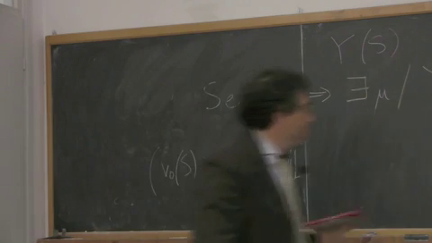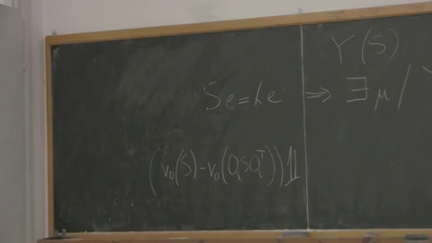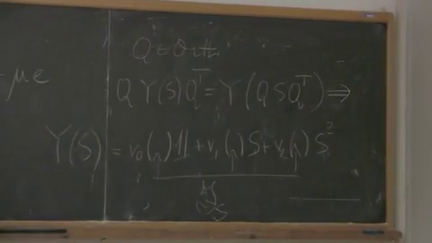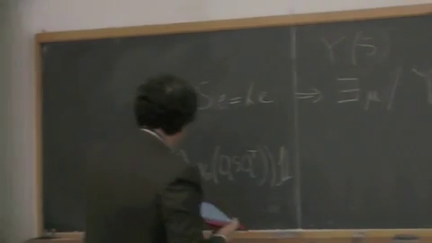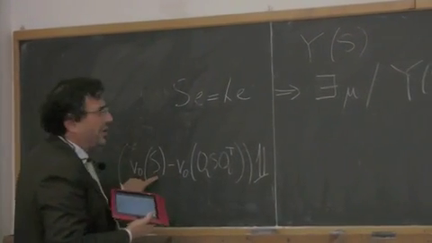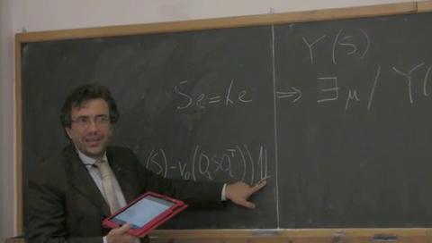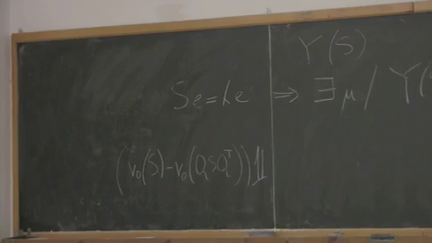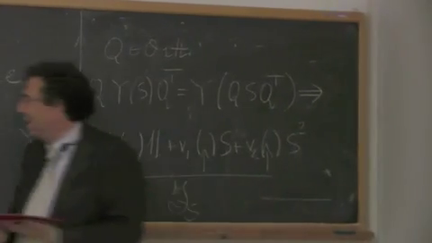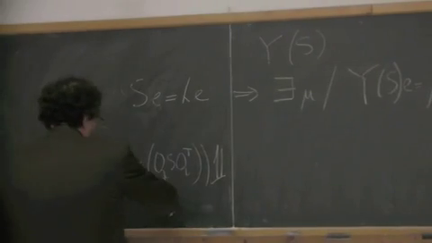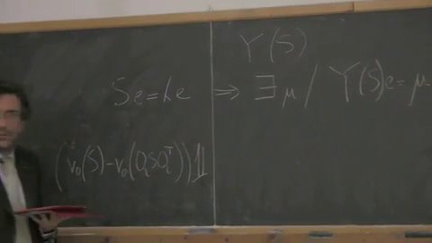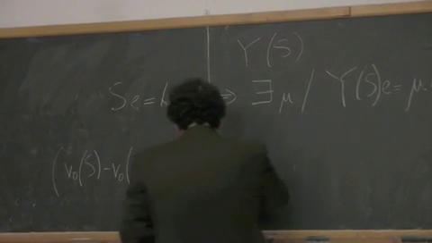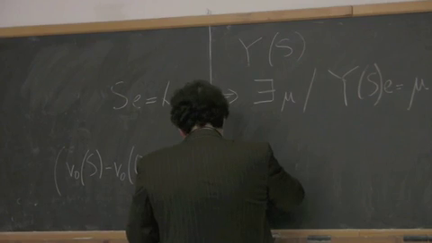Okay? If I'm writing Y of S, I get V0 of S identity. If I consider Y of QSQ transposed, I get V0 of QSQ transposed identity. Okay? So now you have understood what we are doing.